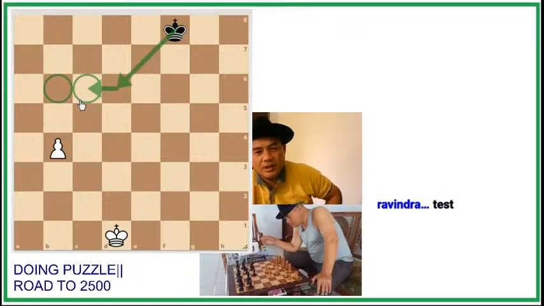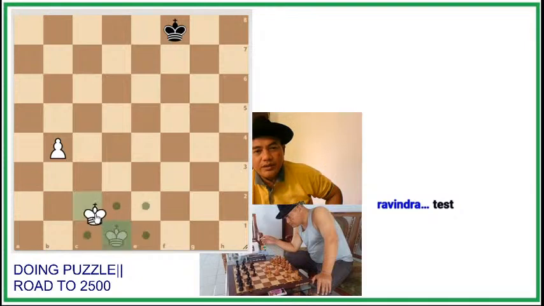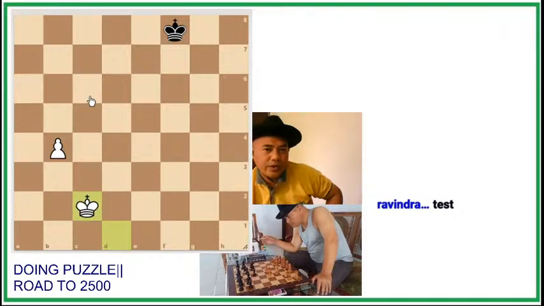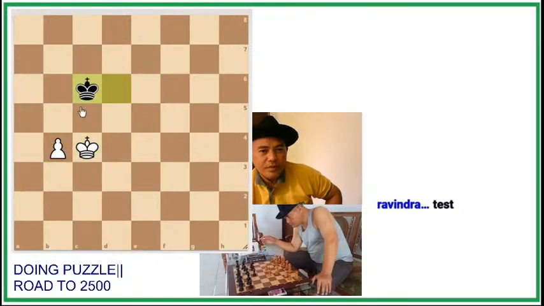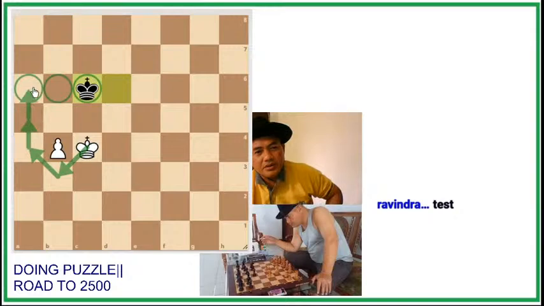Black can very easily defend this key square. For example, if we go like here, we try to occupy this key square. Then black will go, and then black king is occupying the key square. Then we have difficulty getting to this key square.